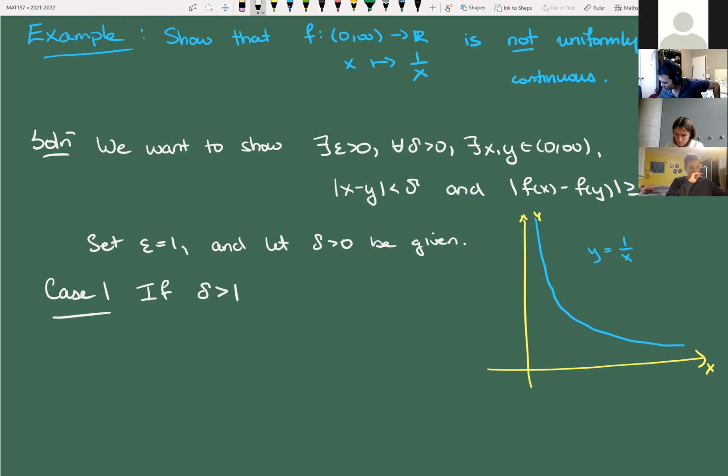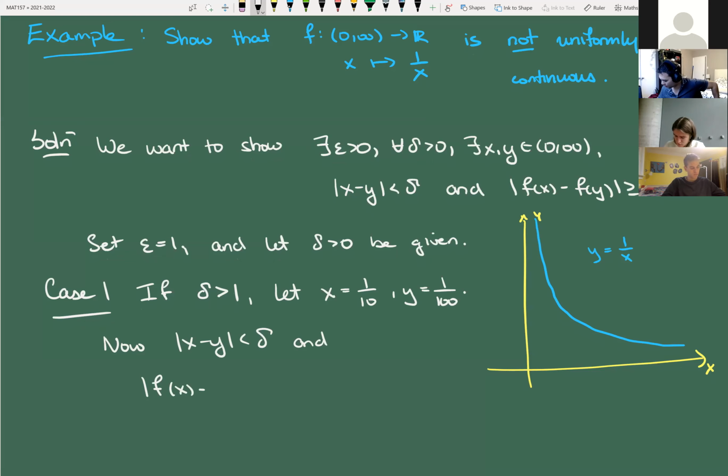If delta is bigger than 1, we can just choose 2 points. It's really easy. Let x equal 1/10 and y equal 1/100. Then x minus y is certainly less than delta. Those 2 numbers are definitely within 1 of each other.